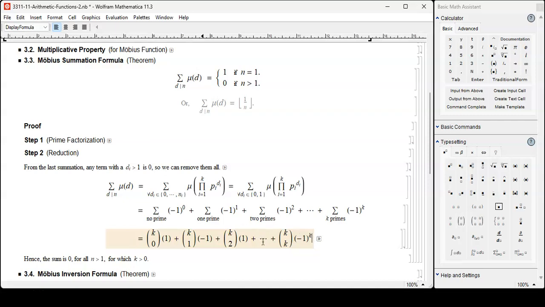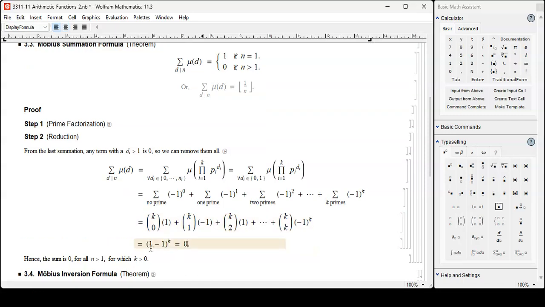So basically we have this. If you use the binomial theorem, you can rewrite it as 1 times -1 to the k power. So 1 is hidden always, and then -1 to the 0 power.